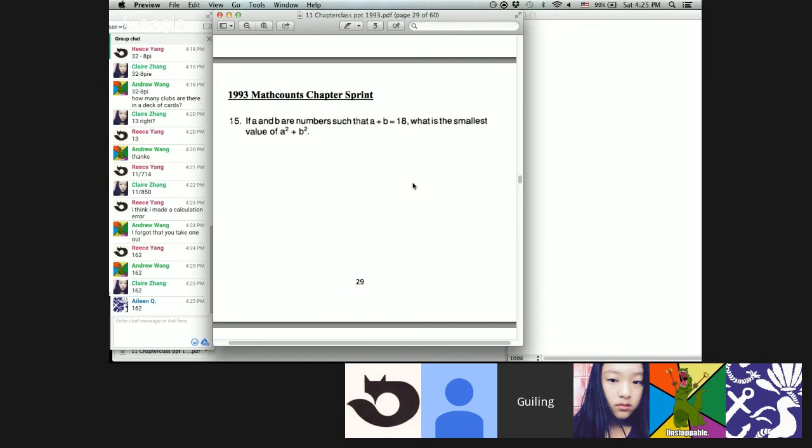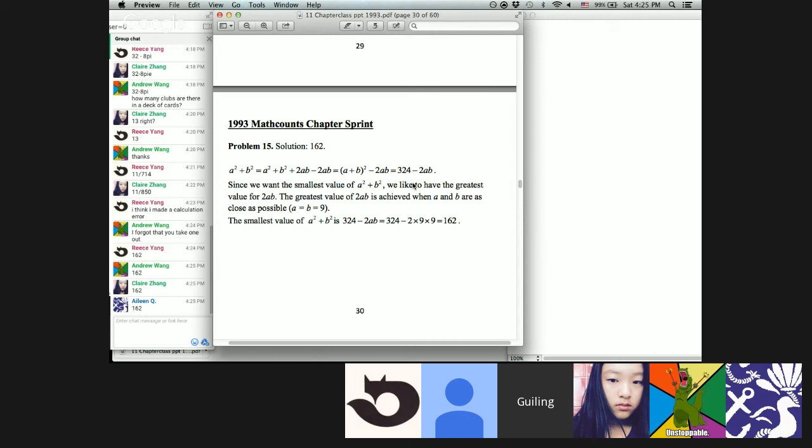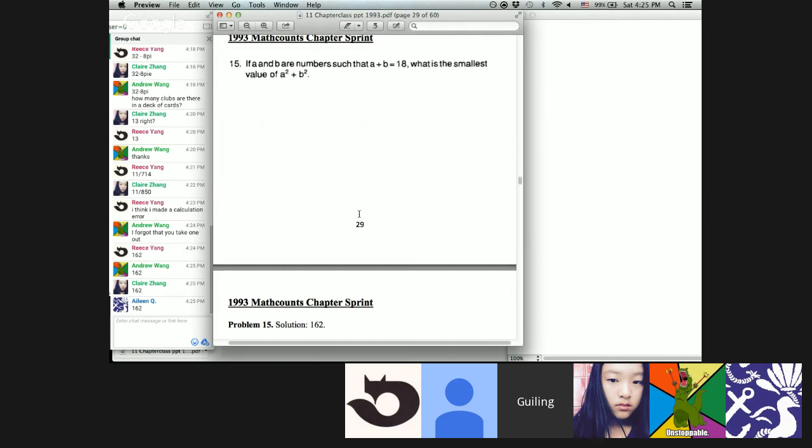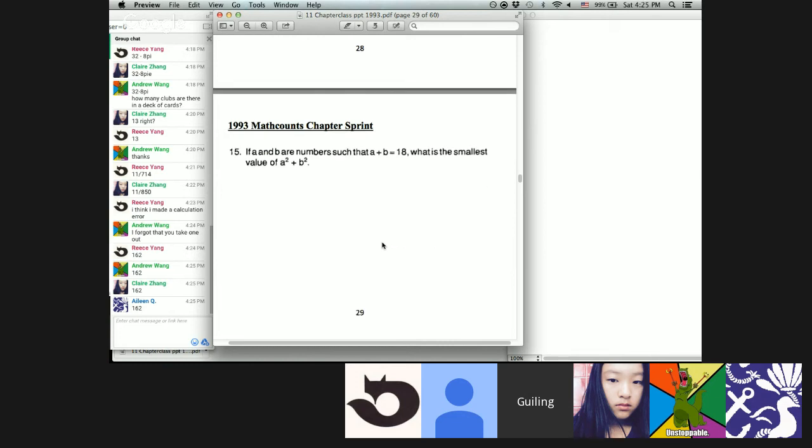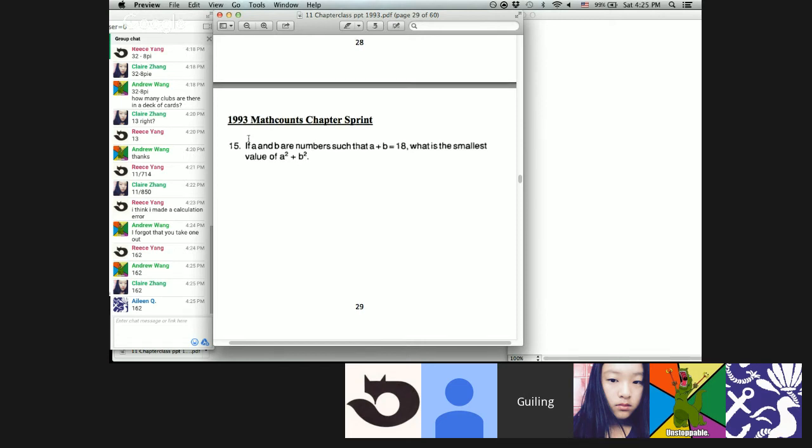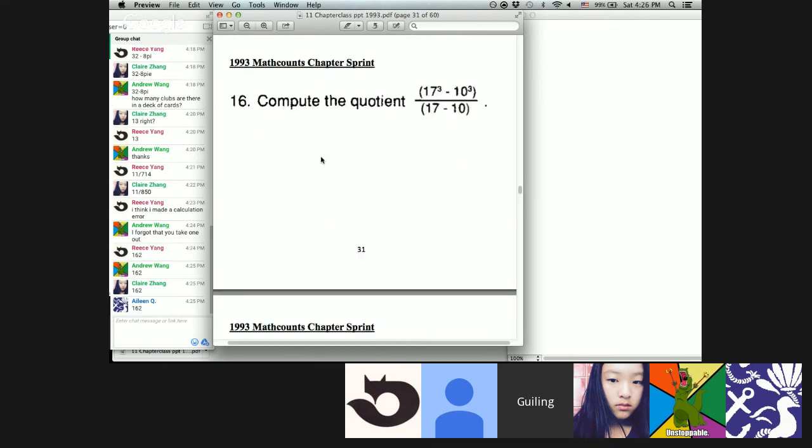Right, nice job. The answer is 162. I guess you can do it algebraically, but the easiest way is just to guess and check, because you don't have very many options. In the end, you figure out that if both of them equal 9, it gives you the smallest value for the sum of their squares.